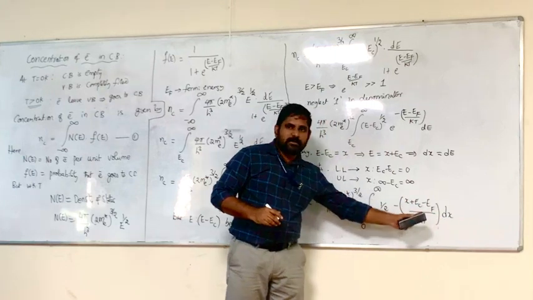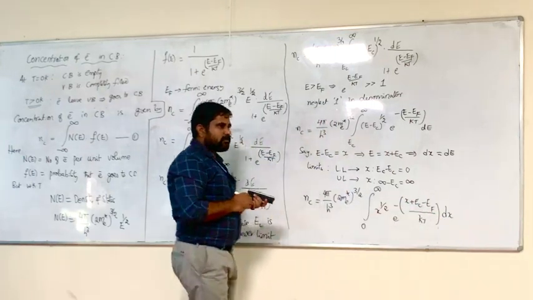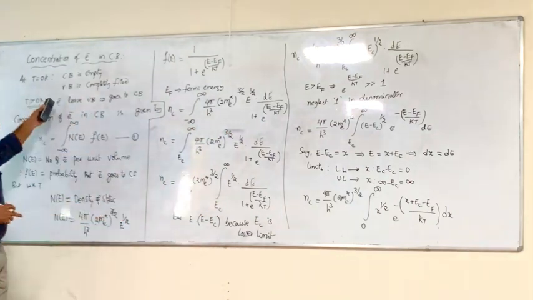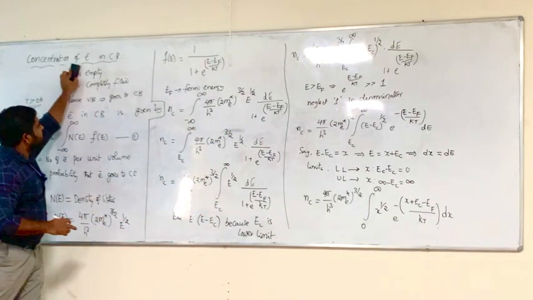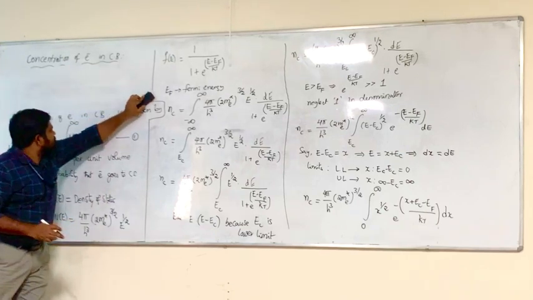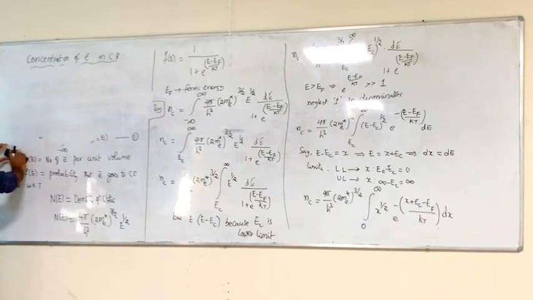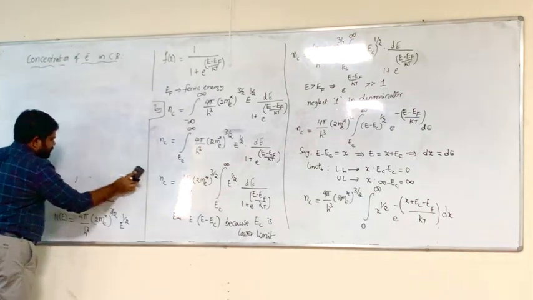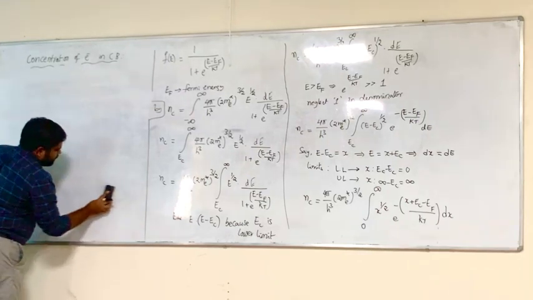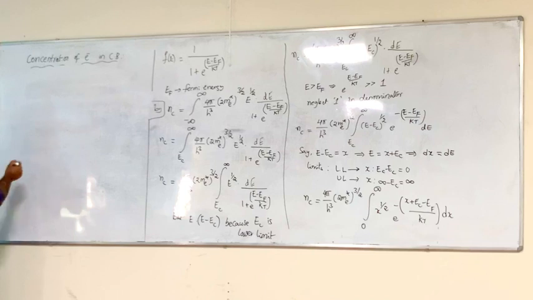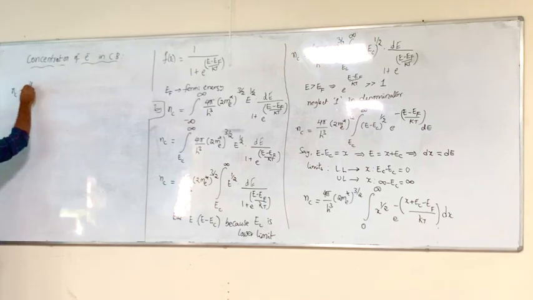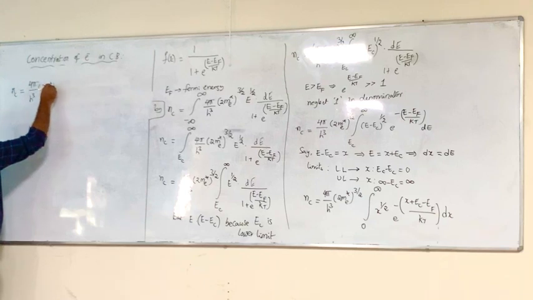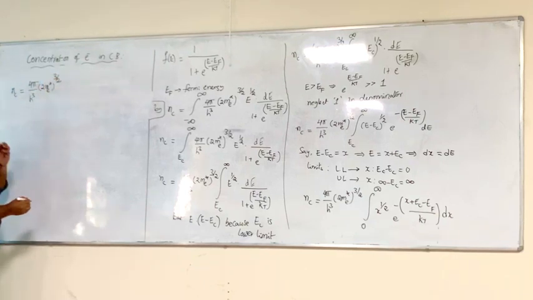So here constant terms again we have to take out of the integral. So Nc is equal to 4π/h³ (2m*)^(3/2).